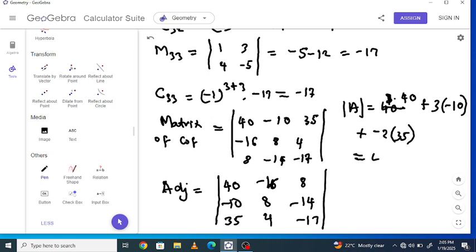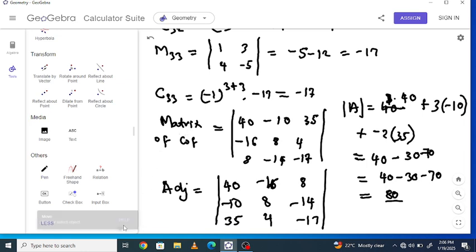That gives us 40 minus 30 minus 70. We will have 110 minus 30, which gives our determinant to be 80.